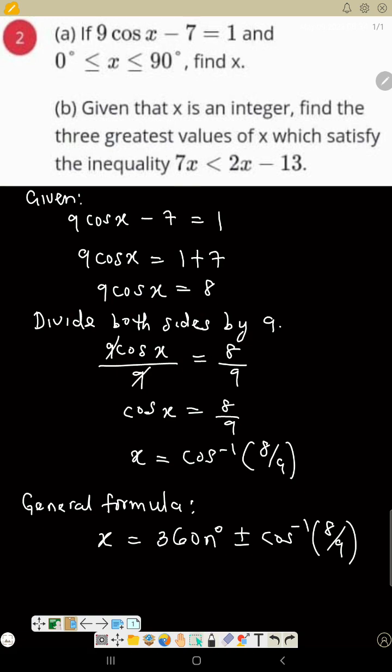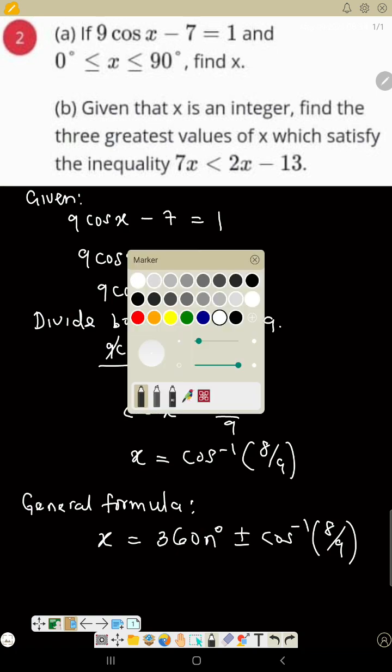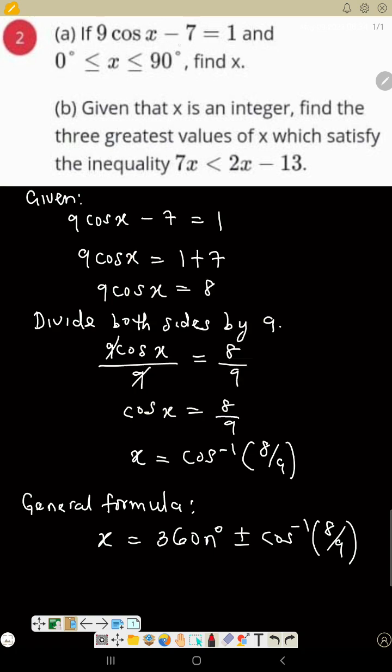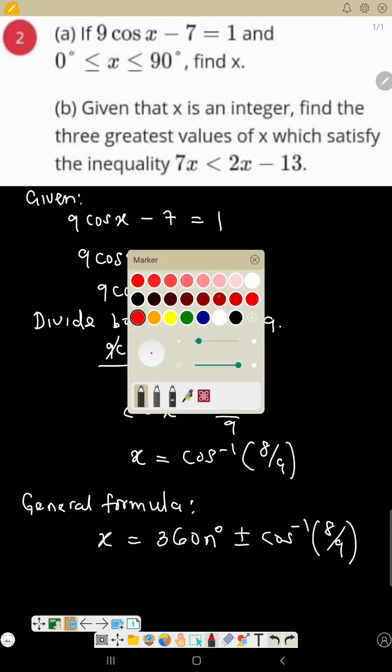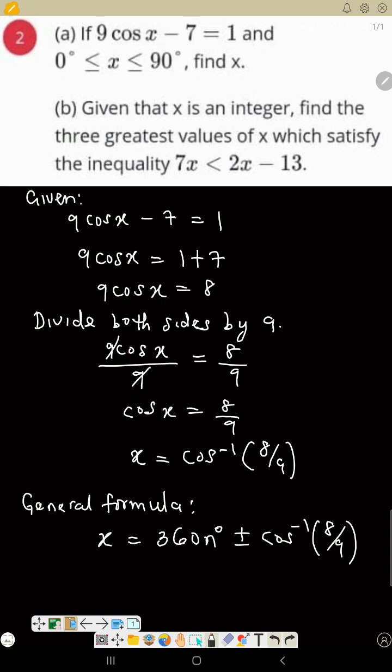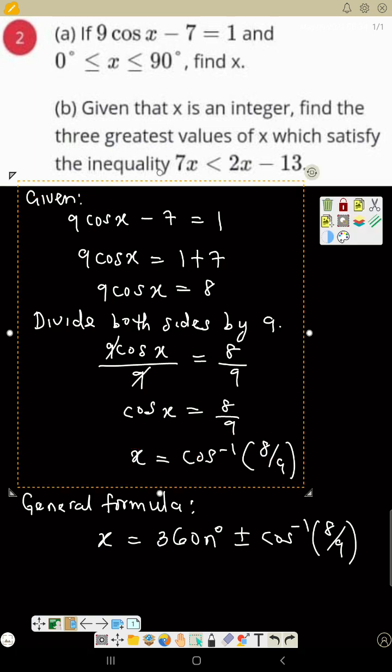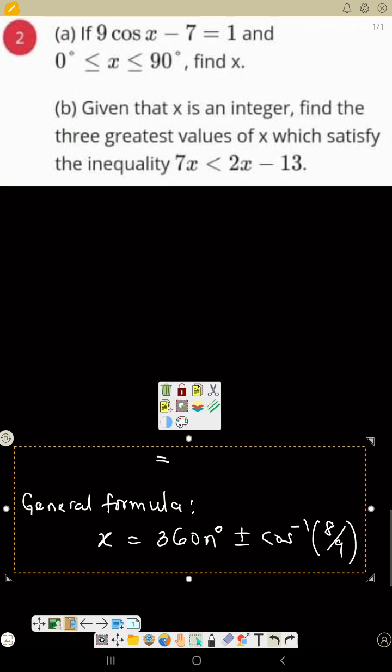We are going to test for when n is 0, when n is 1, when n is 2, so that we'll get the range given in the question. So all our results must be from 0 to 90. That is the meaning.